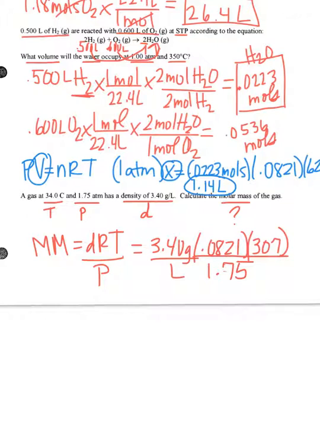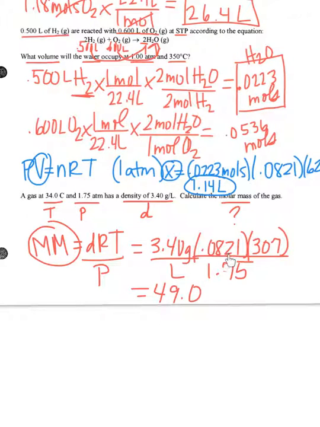All right, so then we solve for the molar mass. Plug all of that into your calculator. And then, if you do it correctly, and I'm going to round to 3 sig figs here, you should get 49.0.